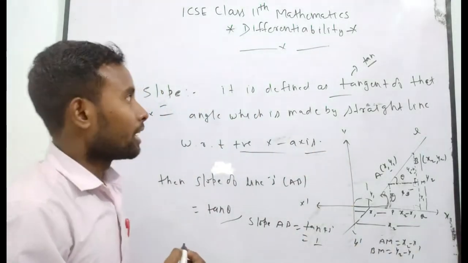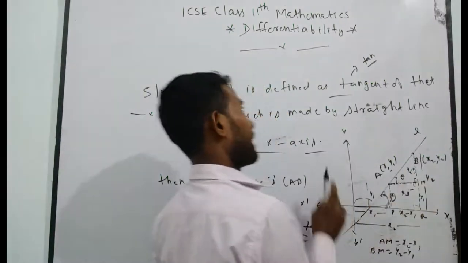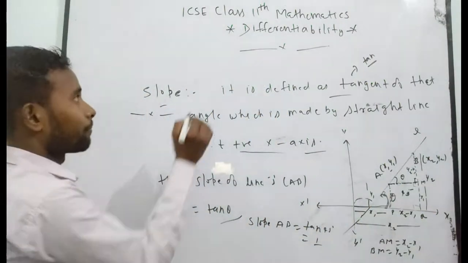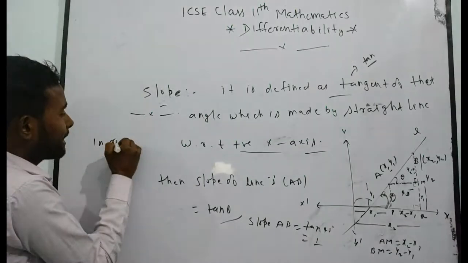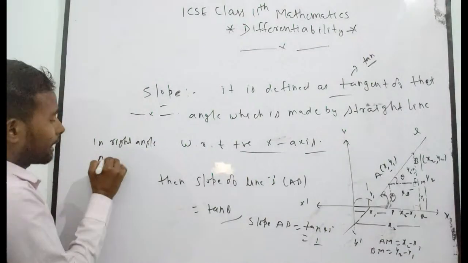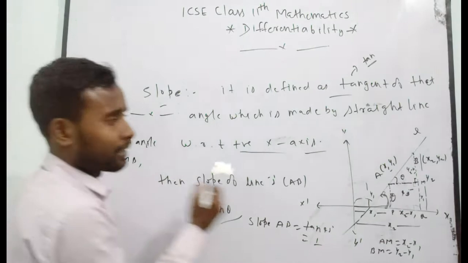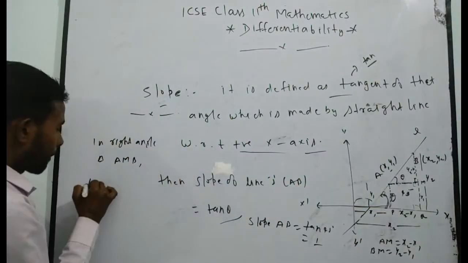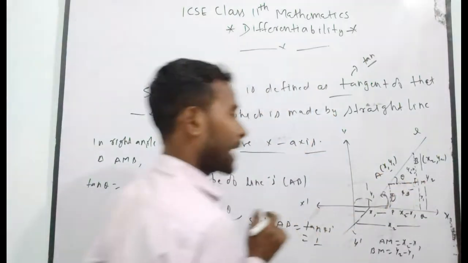Is it visual? Now see here, in right angle triangle ABM, tan theta will be BM by AM. Can you tell?